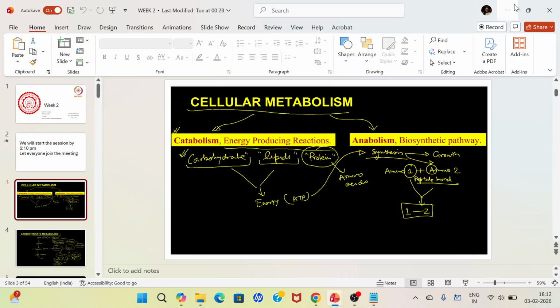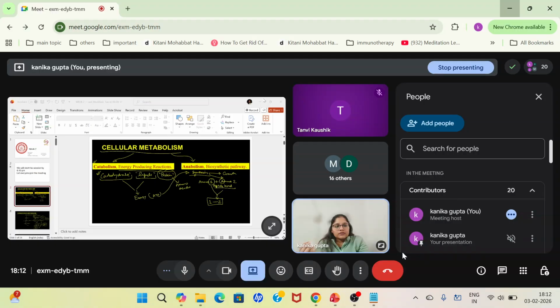Anabolism is the formation of complex molecules required by a cell for different purposes, for growth, for formation of new cells, and anything that needs these complex molecules. All of these processes come under anabolism. This is the basic difference between catabolism and anabolism.